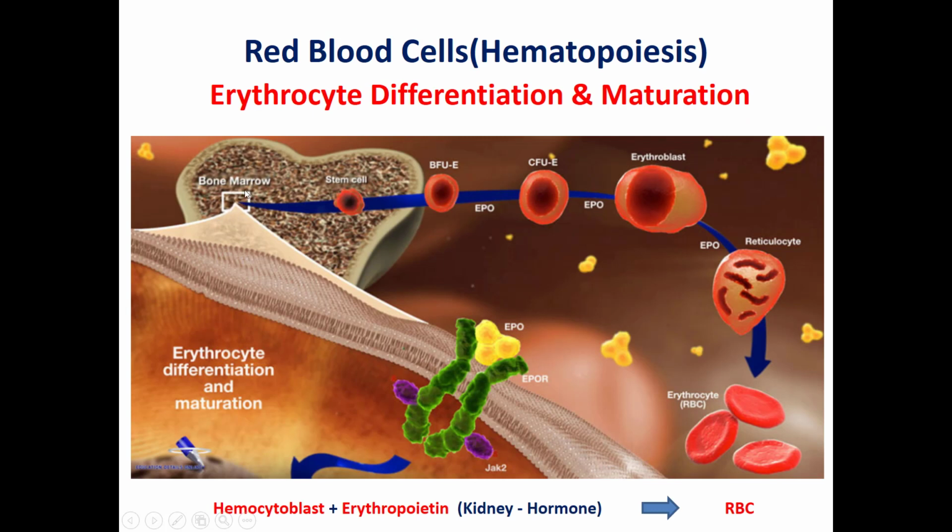This also demonstrates the same point of view. We have the stem cell, the hemocytoblast, inside the bone marrow, and we have the erythropoietin. As we can see, it acts on these stem cells, and then they are differentiated and later released, after becoming mature, as a red blood cell.